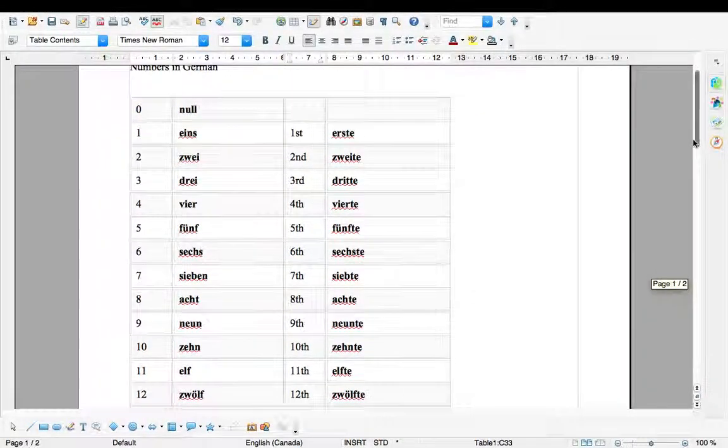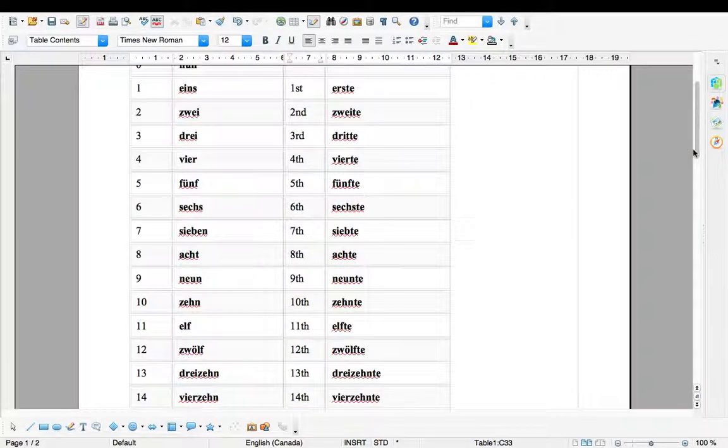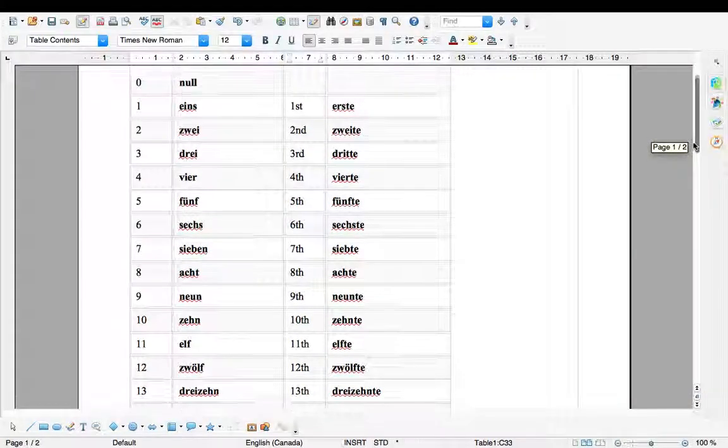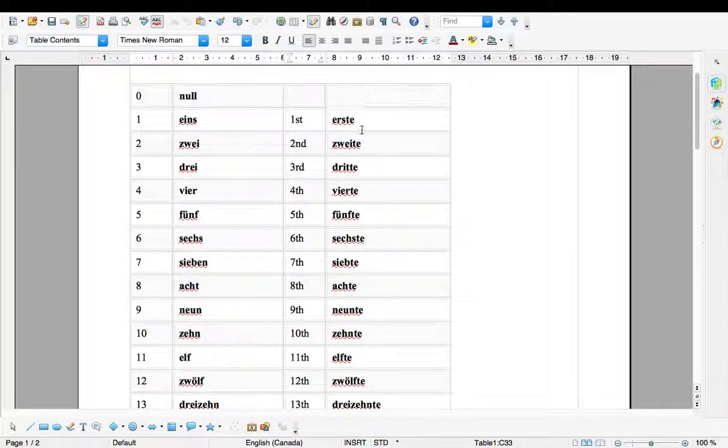Very good. Now let's do the ordinal numbers. First, second, third. Super easy if you know the numbers really well. You need to first study erste because it's not similar to eins. Erste. And following everything else, you just have to add TE.